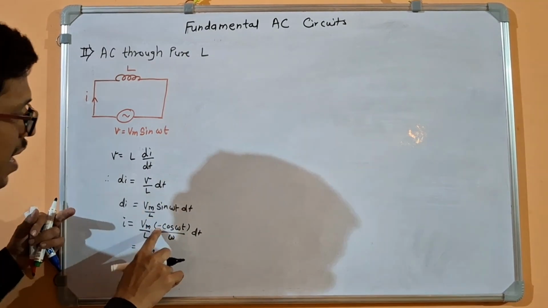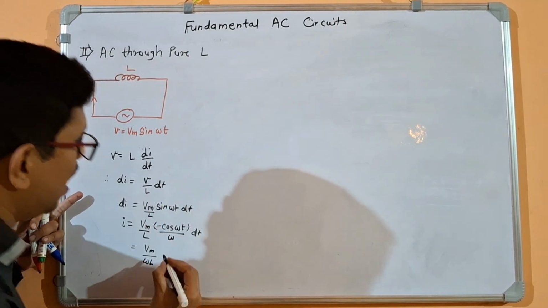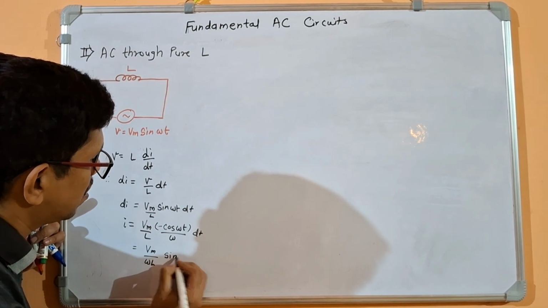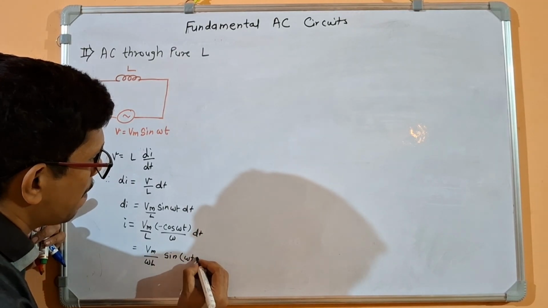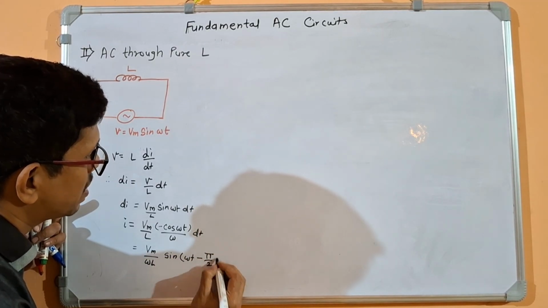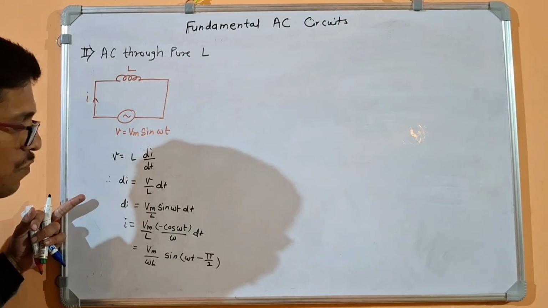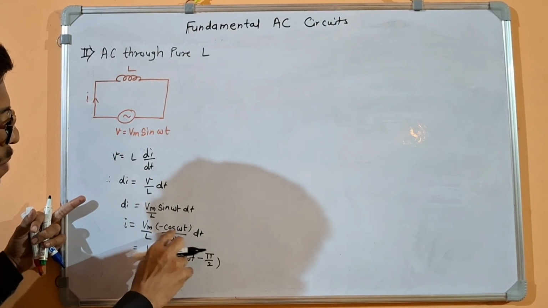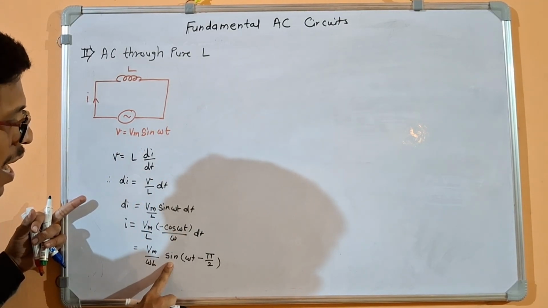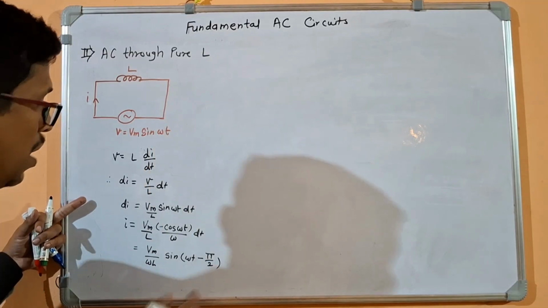That's why I will take this minus sign inside and I will write sine omega t minus pi by 2. This trigonometric relation we know: whenever there is a minus cos omega t, we can write sine omega t minus pi by 2.